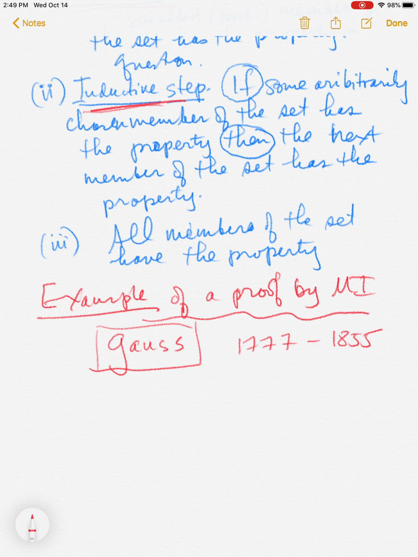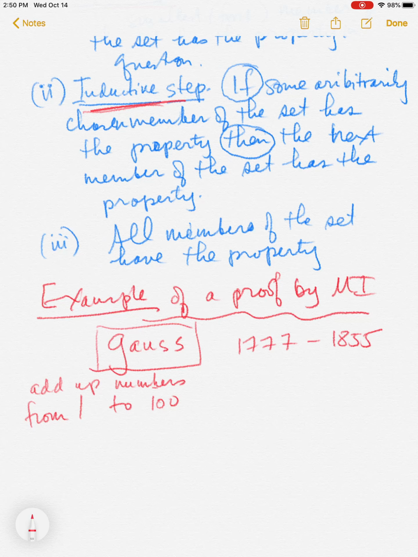And his teacher said to him, Johann Carl Friedrich, go into the corner and add up all the numbers from 1 to 100, thinking that would keep him busy and quiet for a while. Go add up the numbers from 1 to 100. And he almost immediately came up with the right answer.